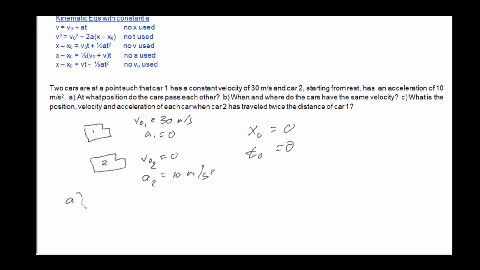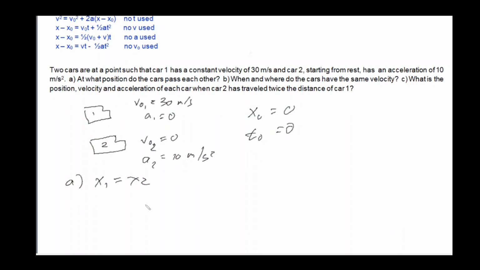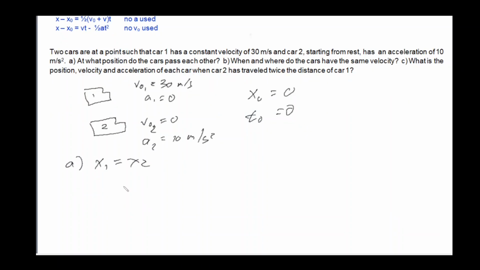For part A, at what position do the cars pass each other? What we're actually looking for is when x1 equals x2. So let's write the equations for x. For car 1, x1 minus x0 of 1 is equal to v0 t plus 1/2 a t squared.